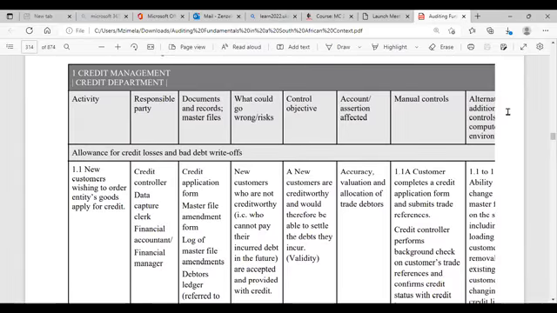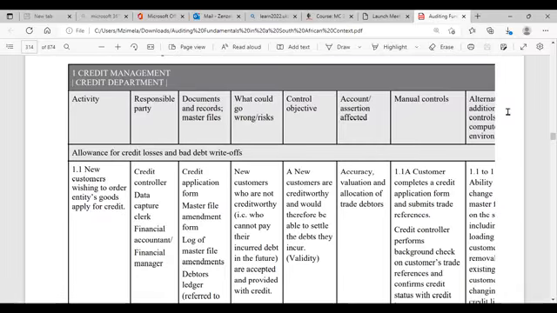We've got activity, the responsible party, documents and records or master files. Then we've got our risk, and our risk comes in the form of a question: what could actually go wrong? And we've got your control objectives. The control objective could be validity, accuracy, or completeness for this particular cycle. Then we've got the accounts or assertion affected, manual controls, and alternative controls, which are taken as computer controls. Let us look at one.